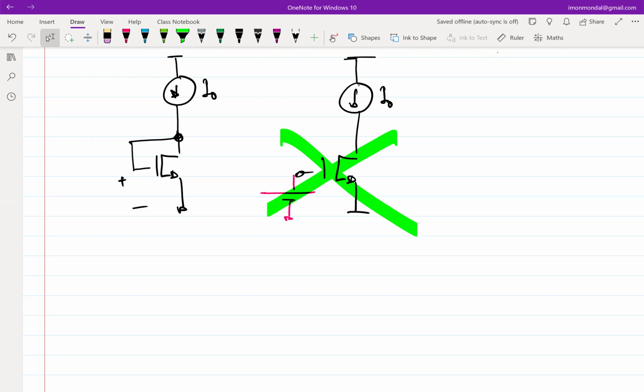One analysis you have already done in previous lectures, in the last quiz and the previous assignment also, was where the current source was connected here.